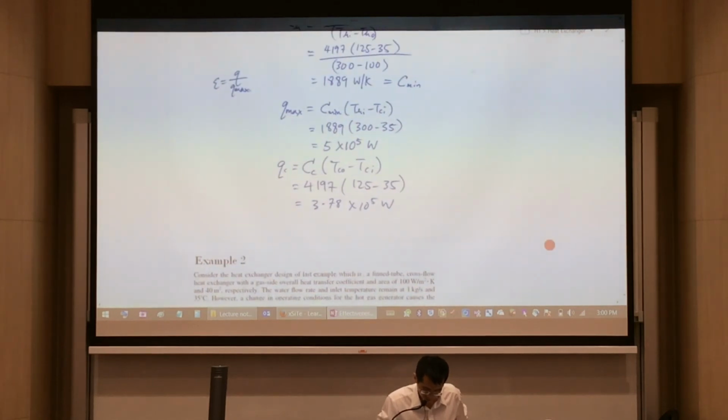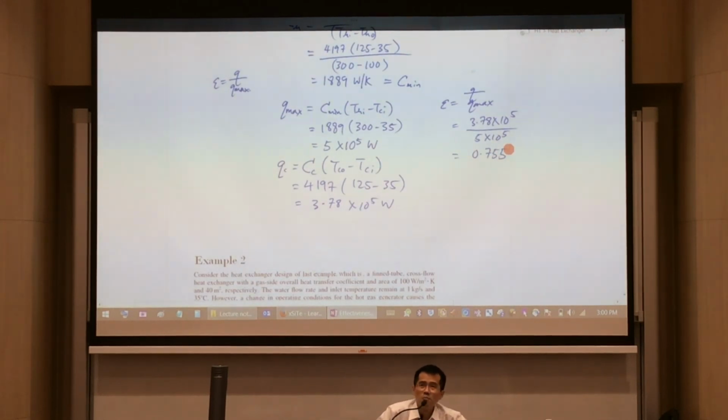So you could already see what is going to be your effectiveness. Effectiveness is equal to Q over Q max. So your Q over here, 3.78 times 10 to the power 5. Q max, 5 times 10 to the power 5. So it got to be a number that's between 0 and 1. So if you work it out, you get 0.755.